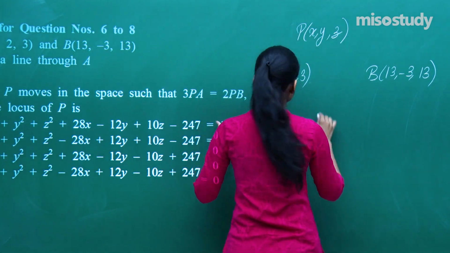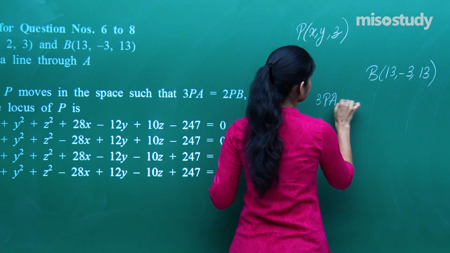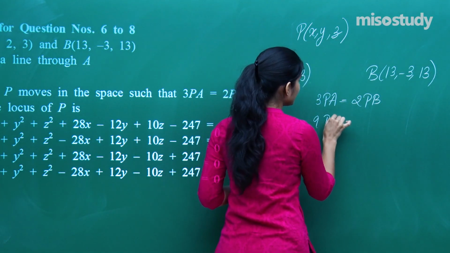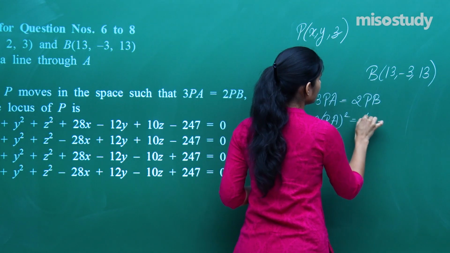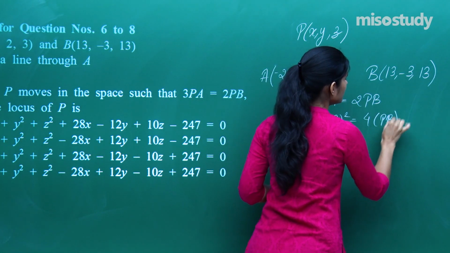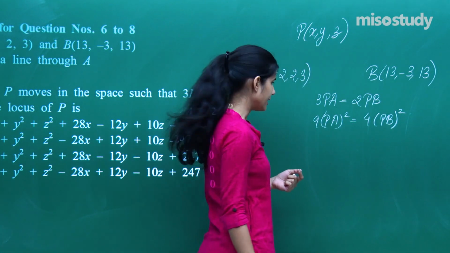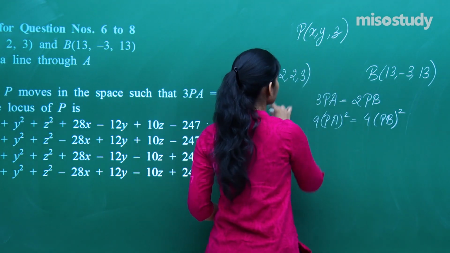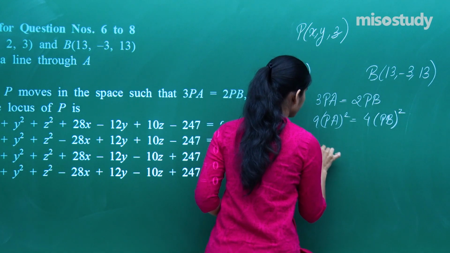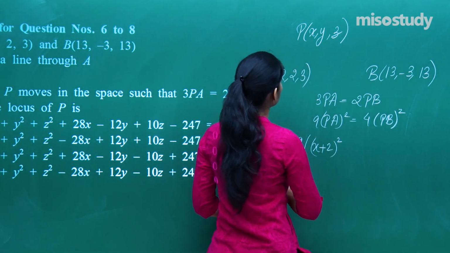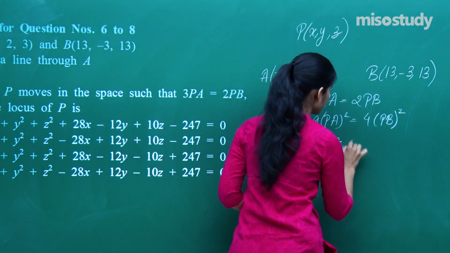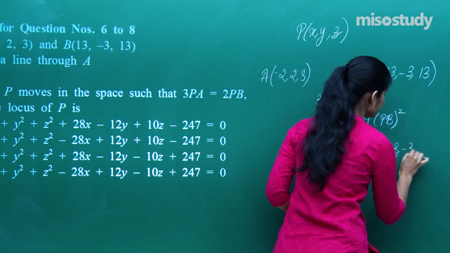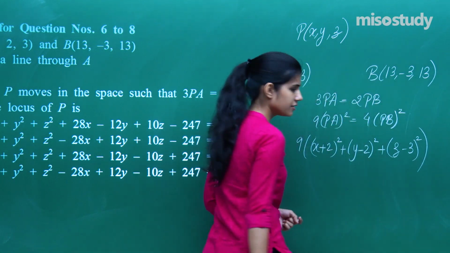3 times PA equals 2 times PB. If you square both sides, you get 9 times PA square equals 4 times PB square, right? 9 times PA square, so basically you get x minus minus 2 whole square plus y minus 2 square plus z minus 3 square.